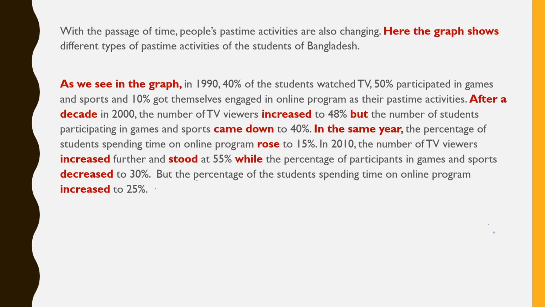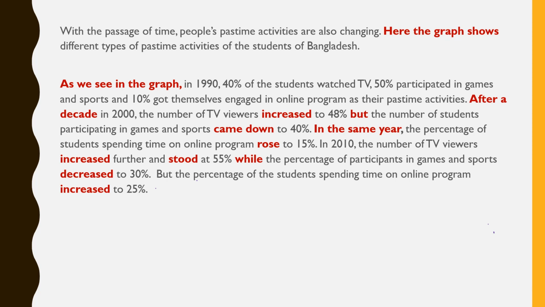As we see in the graph, in 1990, 40% of the students watched TV, 50% participated in games and sports, and 10% got themselves engaged in online programs as their pastime activities. After a decade, in 2000, the number of TV viewers remained at 40%, but the number of students participating in games and sports came down to 40%. In the same year, the percentage of students spending time on online programs rose to 15%.